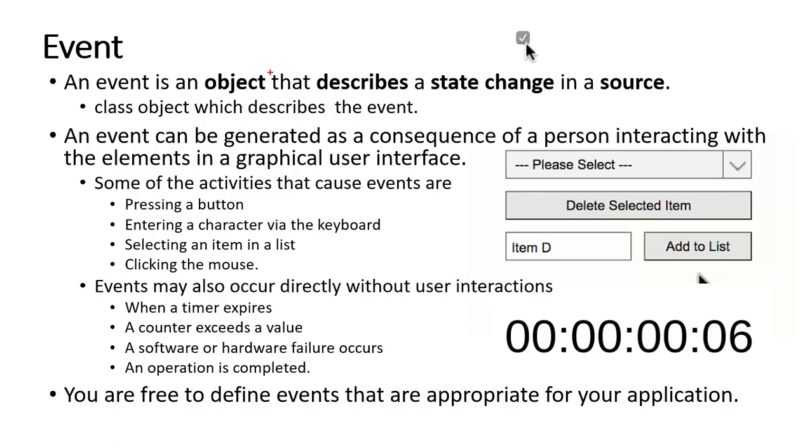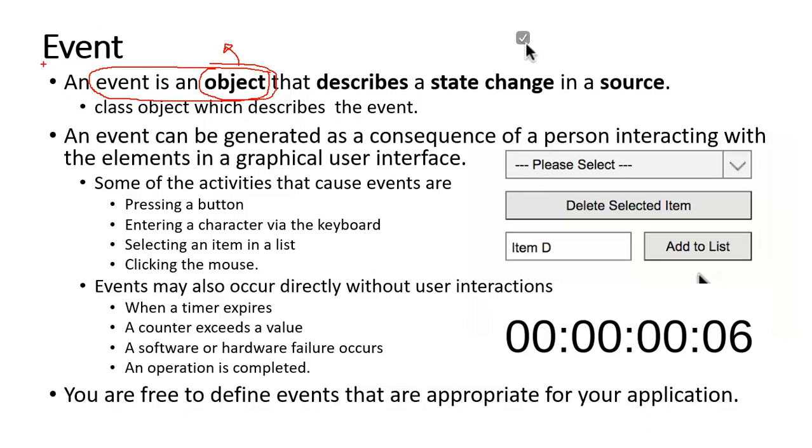So when we talk about Java programming, an event is an object. When I say that an event is an object, it is instantiated from a given class. So an event is an instance of some class.